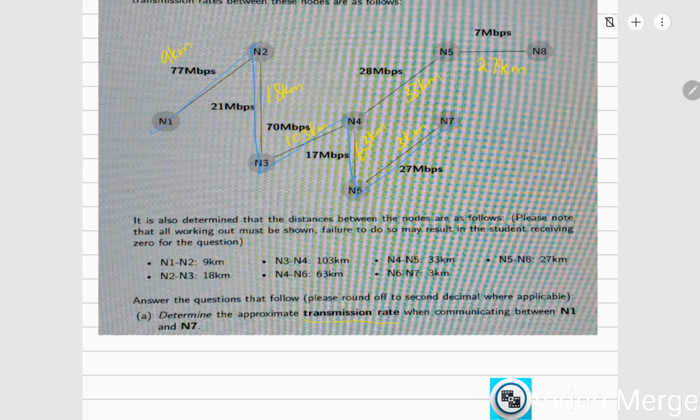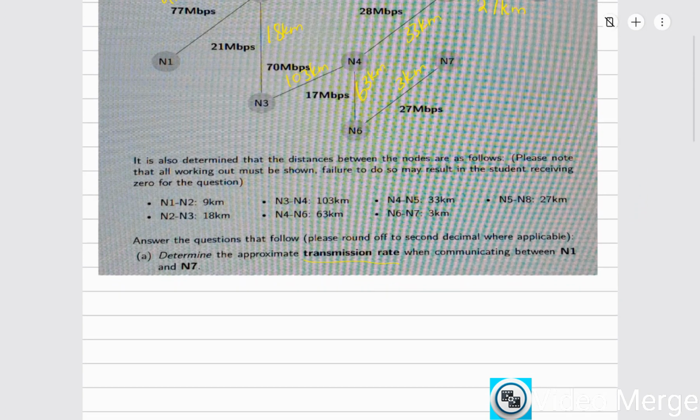And the transmission rate is usually controlled or determined by the bottleneck. Remember, the bottleneck is the slowest or the smallest transmission speed between nodes.